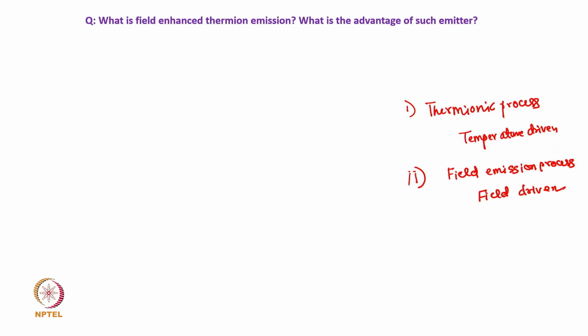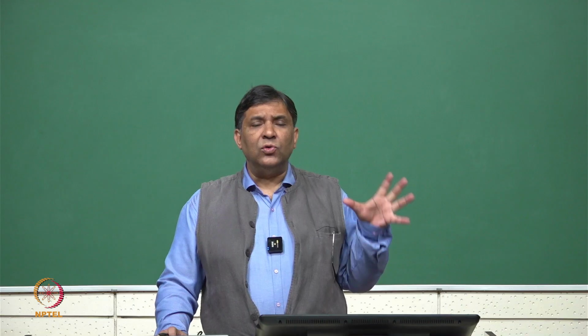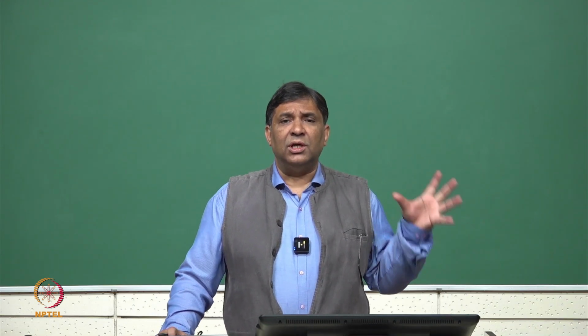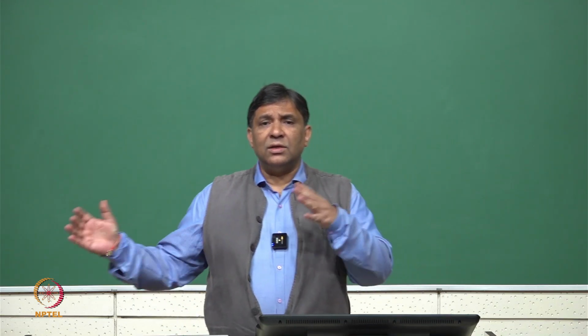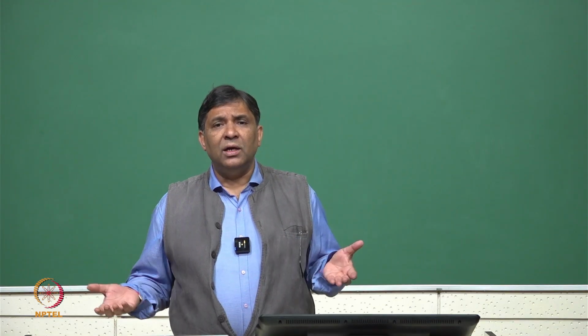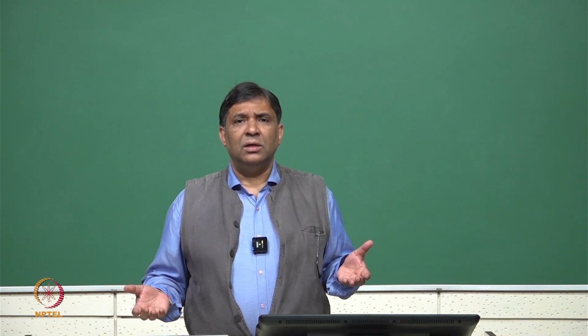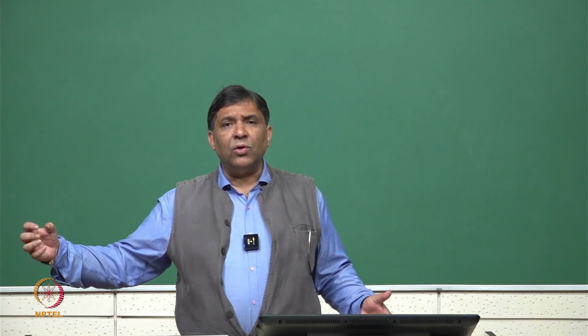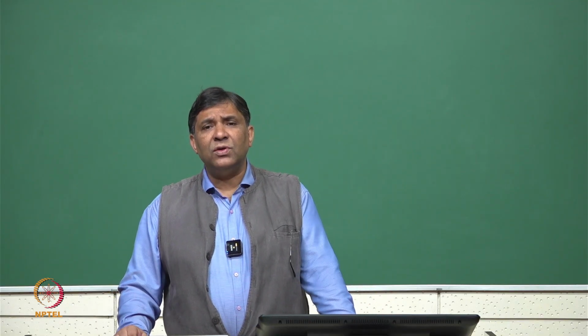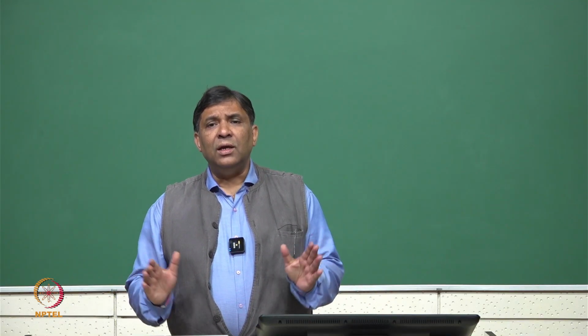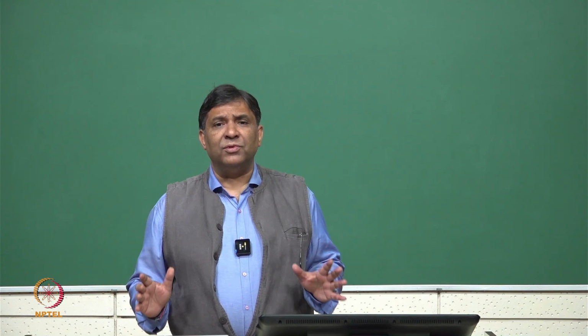So, I now have a large number of electrons emitted. A set of electrons will be emitted due to thermionic emission, which is temperature driven, and another set of electrons will be produced by the electric field, which will come out due to a quantum mechanical tunneling process. Okay. And then we have more electrons.